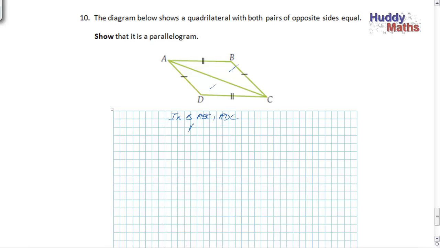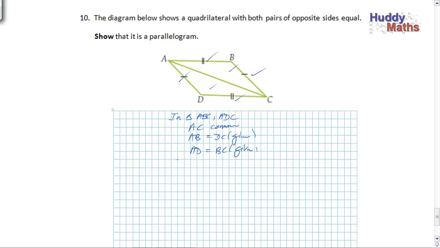Let's match them up. AC is common to both triangles. AB equals DC, that's given. AD equals BC, that's given with these equal marks there and there and there.